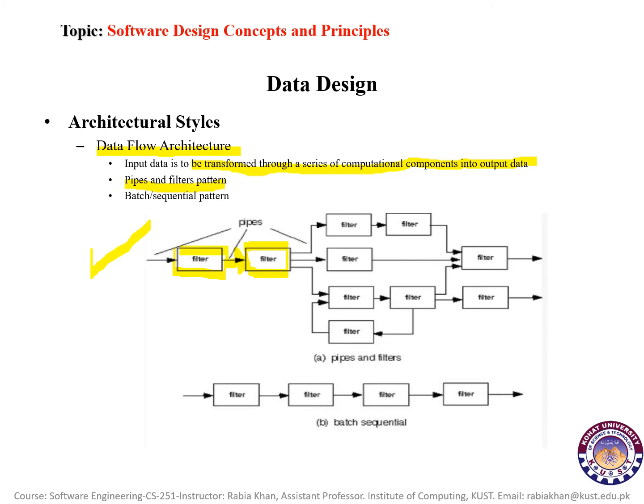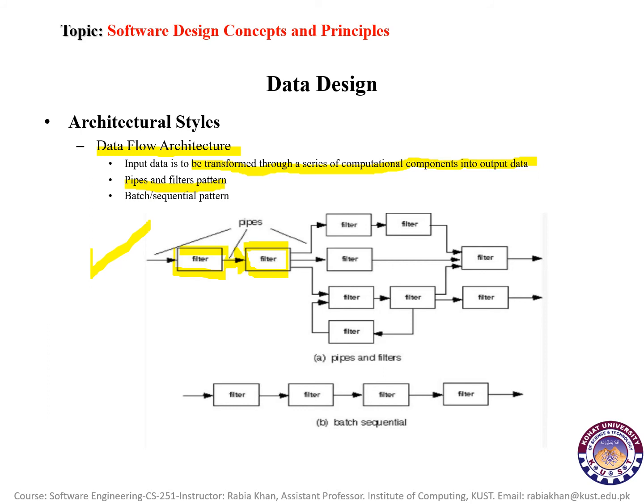So every filter is generally a function that performs some activity on data. Data is given in some form, it is manipulated by one of the filters, output is generated, and that output is then taken to the next filter by the pipes. So every filter is working independently. They are unaware of the activities being performed by other filters.